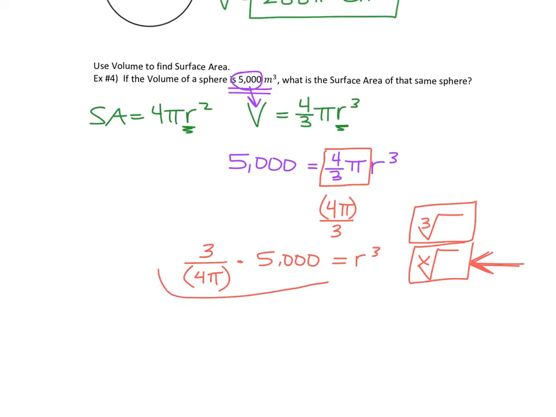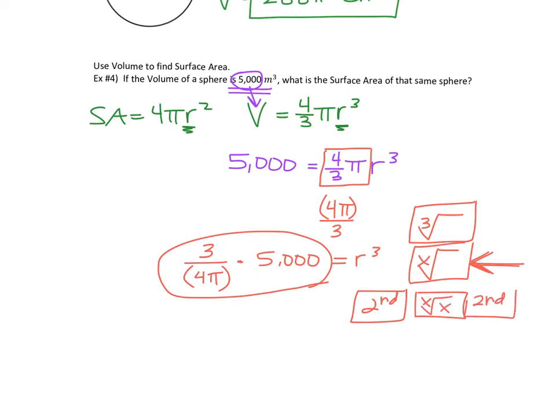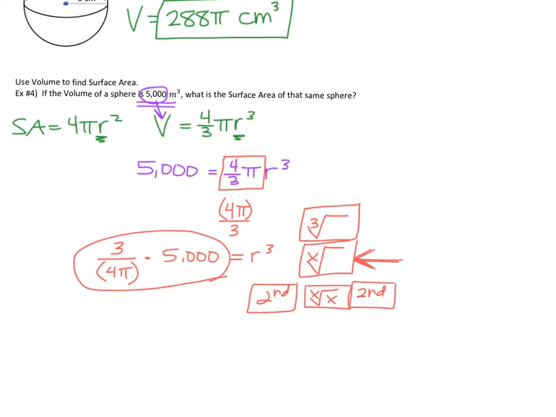Whatever number you get for this, you're going to hit the second key, and then this key, and then you can hit second again, and then you hit the answer button, ANS. It's the negative on mine. You would hit that, and you would have your answer for the radius. Okay, so if you like to do it in one move, you can do that.